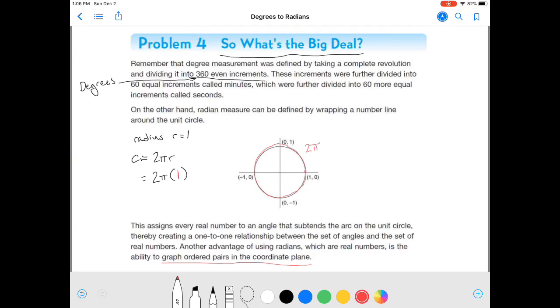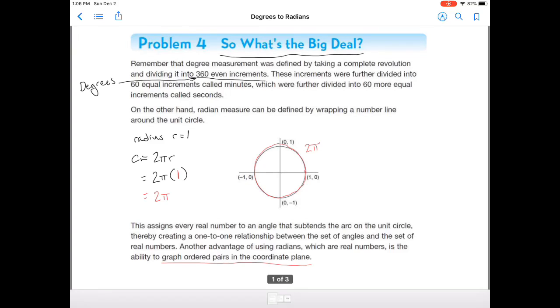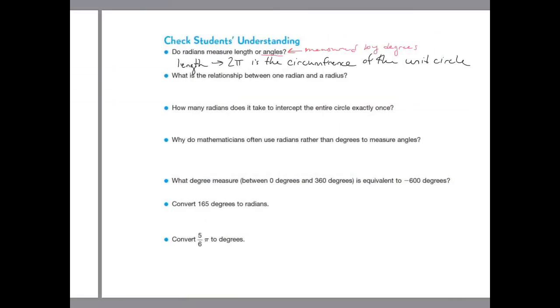And we get that 2 pi, the total number of radians in the circle, is equal to our circumference. So 1, the unit of our radius, is going to be equal to 1 radian as we're traveling around the circle.